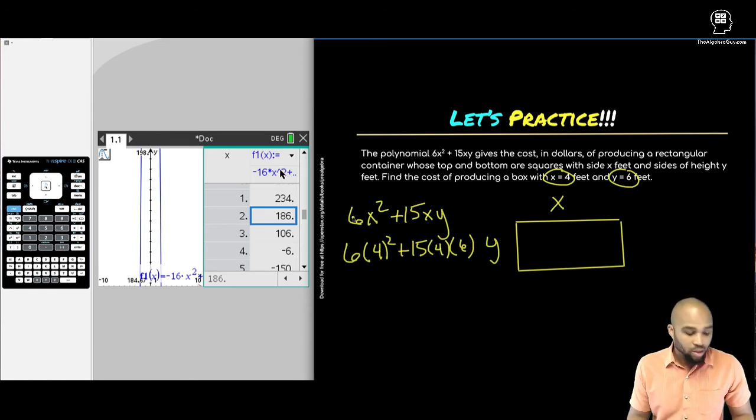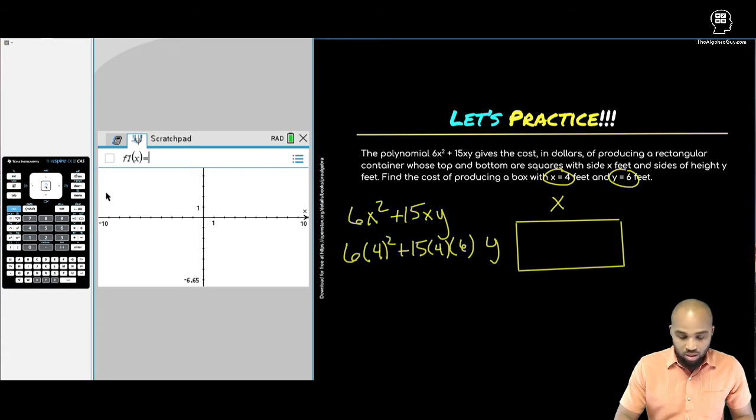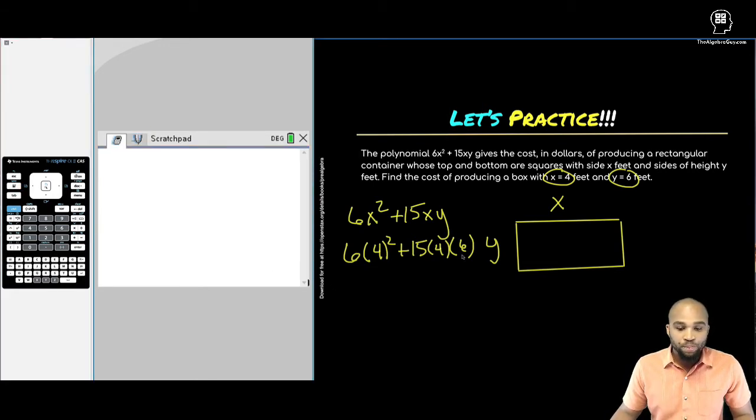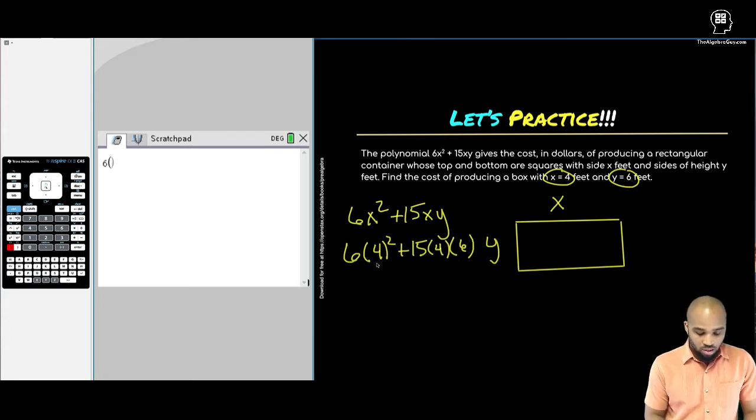Since I have my calculator, I'm definitely using it for this because that's what calculators are good for. So I'm going to go to my calculator screen and just put the problem in. So we have 6, 4 squared plus 15 times 4.